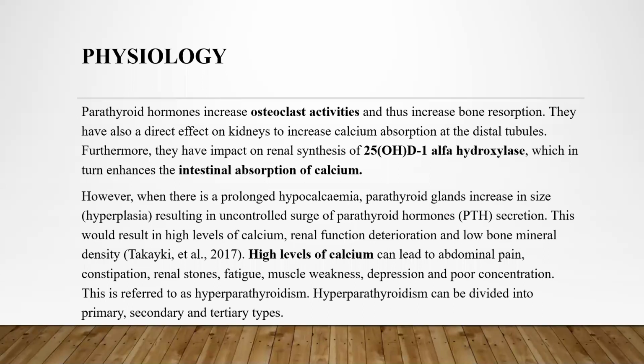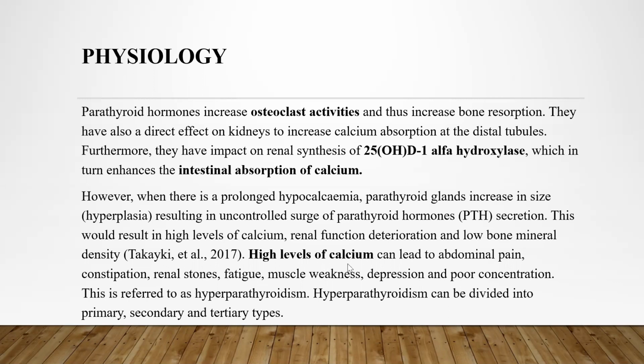Sometimes the renal stones can be inactive, so may not result in symptoms like hematuria, but sometimes they can present with some symptoms, and fatigue, muscle weakness, depression, and poor concentration. So this is mainly the symptoms of high calcium levels.